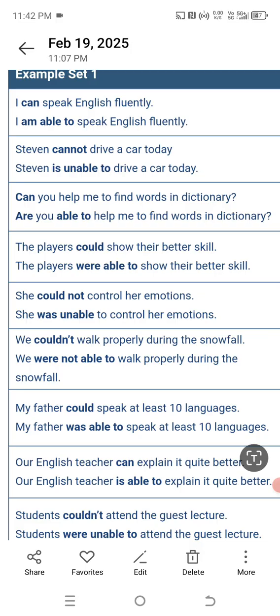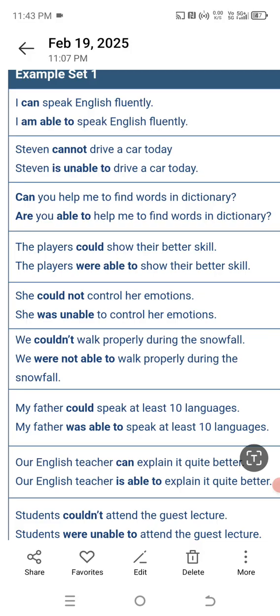Means here due to the subject I, am, the to be's form, is taken, and then able to is written, and then the remaining part of the sentence as it is, means I am able to speak English fluently. This is the answer of that sentence.